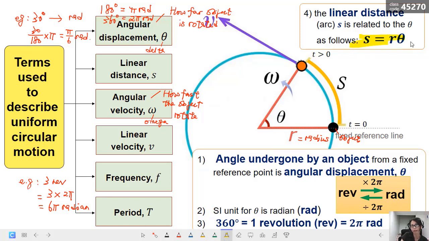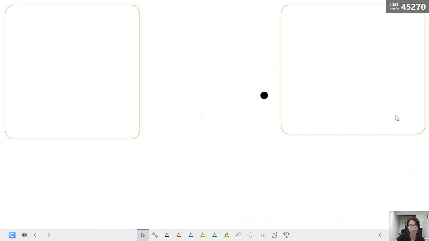Okay? S is r theta. This is how we relate the arc length traveled by the object as it moves in a circle with the radius and also the angle undergone by the object. Okay? So those are the first two terms we use to describe uniform circular motion.